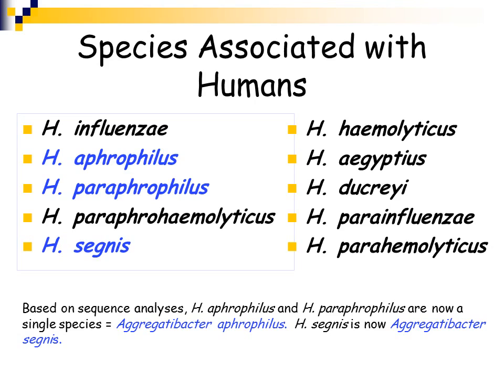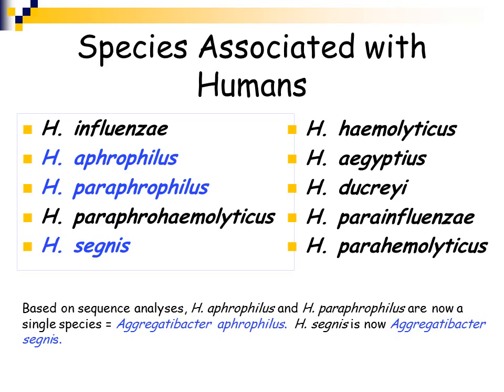There's also Haemophilus hemolyticus, Haemophilus egyptius, Haemophilus ducreyi, Haemophilus parainfluenzae, and there used to be 3 other Haemophilus species. On this slide they're shown in blue. They're Haemophilus aphrophilus, Haemophilus paraphrophilus, and Haemophilus cygnus. Now, due to multilocus sequence analysis, these 3 organisms have been renamed.